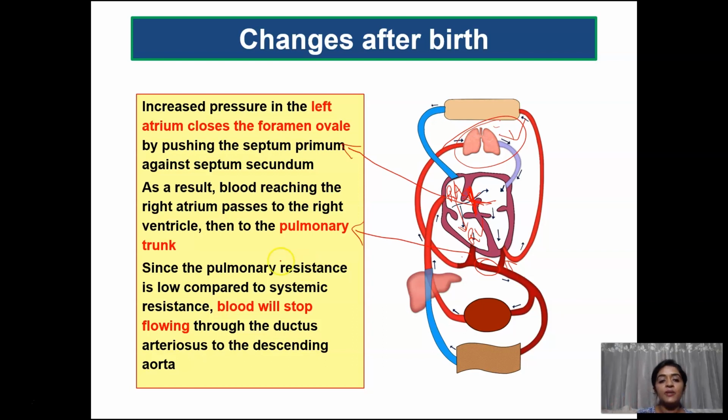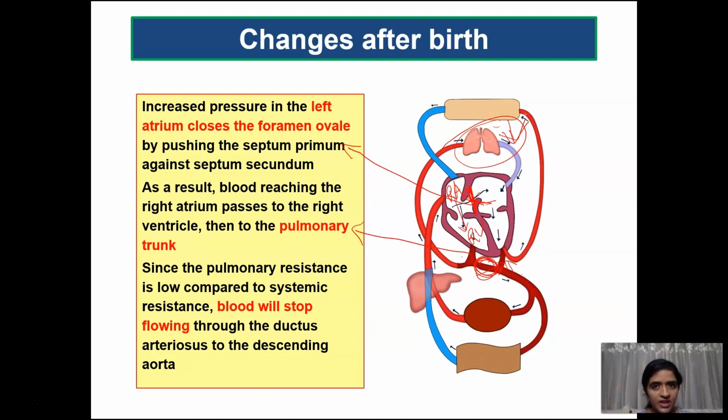Okay, so since the pulmonary resistance is now low compared to the systemic resistance, blood will stop flowing from the pulmonary trunk to the descending aorta. As a result, the ductus arteriosus, which connects the pulmonary trunk with the descending aorta, is no longer needed. That is what happens when the pulmonary resistance decreases.